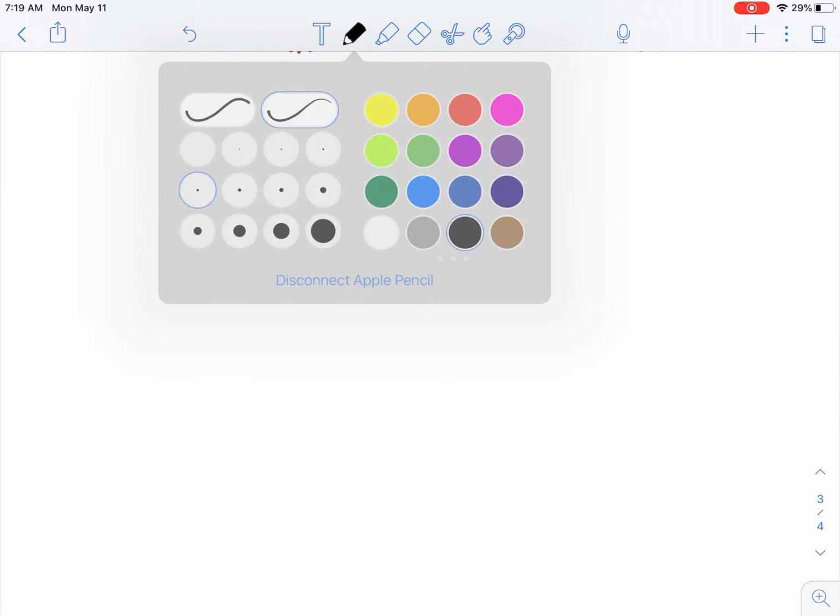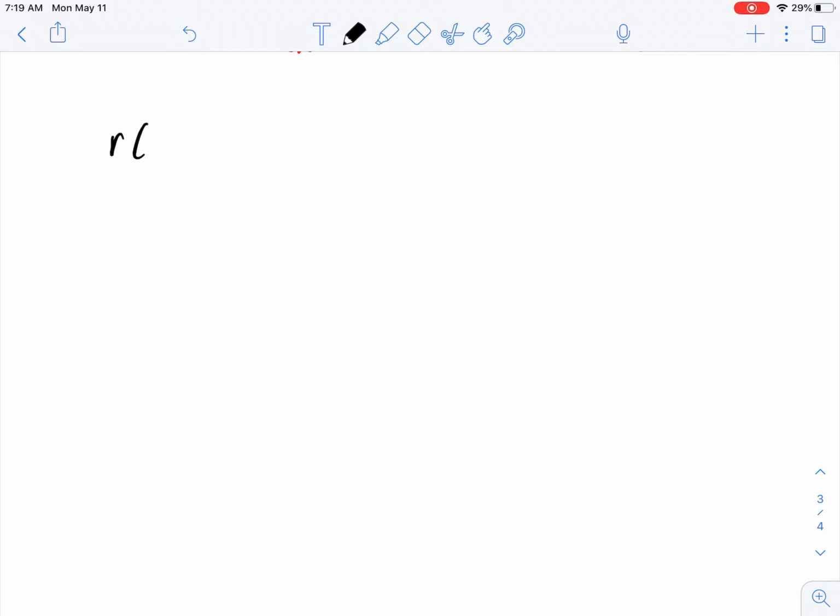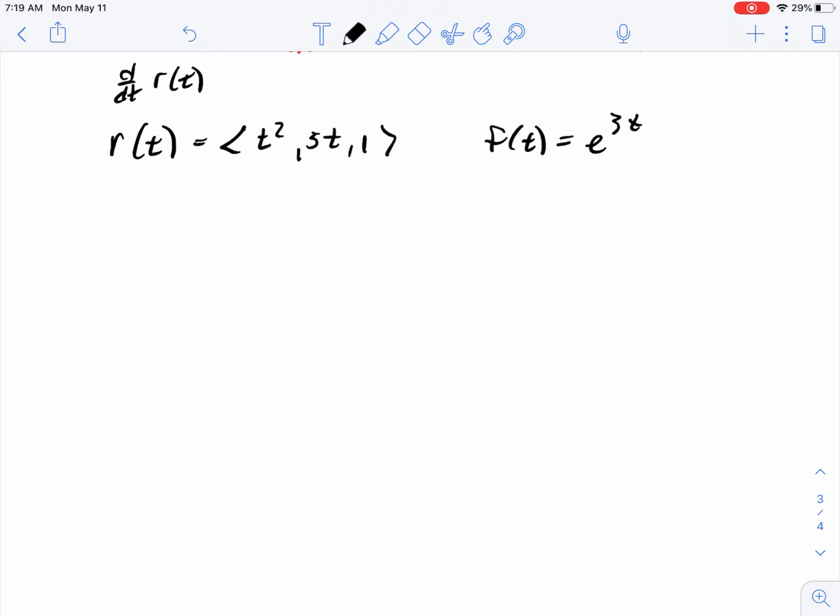Okay, so product rule. Let's say you have r(t) equals t squared, 5t, 1, and let's say f(t) equals e to the 3t. What we're trying to do here is take the derivative of r(t) times f(t).